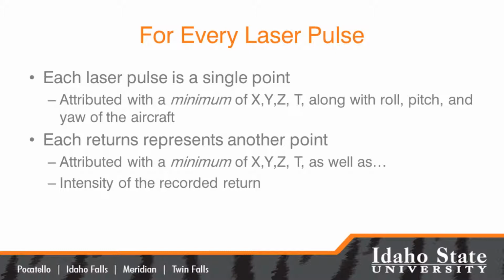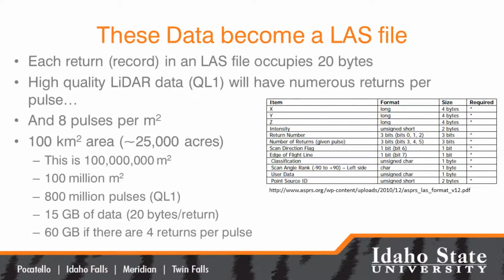That return point information is attributed with a minimum of X, Y, Z, and T, as well as the intensity of the recorded return. These data then become an LAS file. Each return or record in the attribute table of an LAS file occupies 20 bytes.